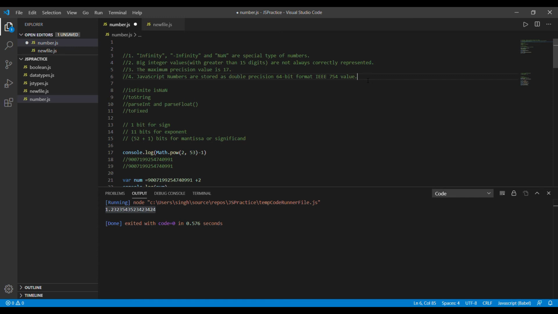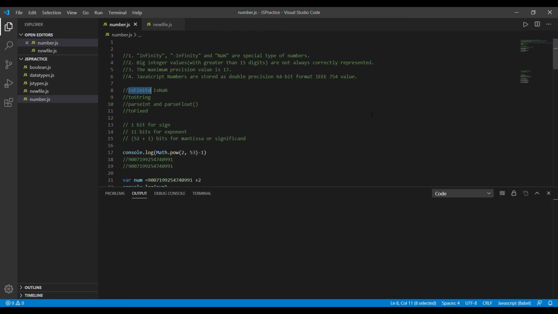Then you will be able to understand minute details about the internal representation that JavaScript uses, and also why there are some restrictions, why large values cannot be represented by JavaScript. So we'll talk about it in a separate video session.